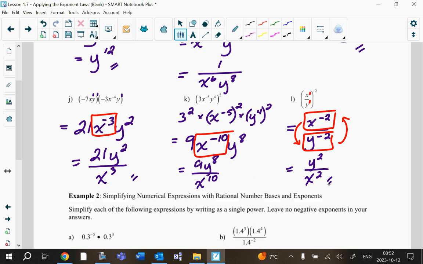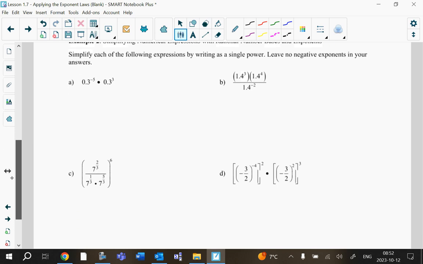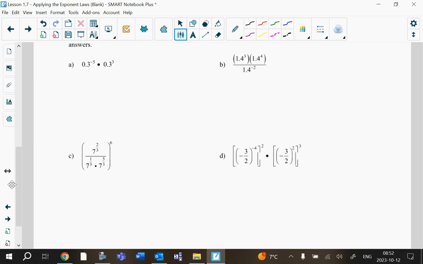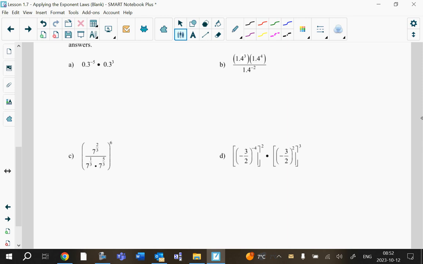All right, let's look at these last 4 on this page. These are ones where there's multiple exponent laws, or 3 of them anyway. First one, don't get thrown by the decimal. What do I get when I multiply these 2 together? A stays the same.